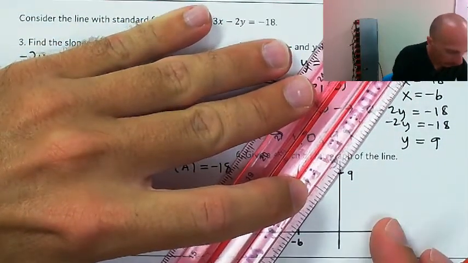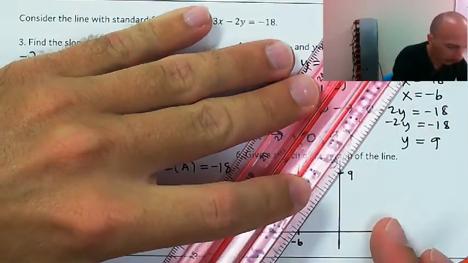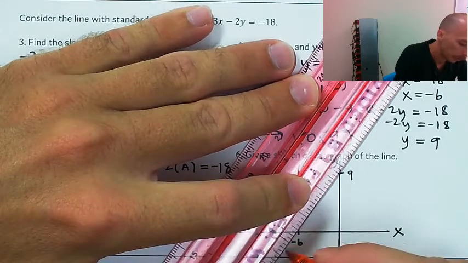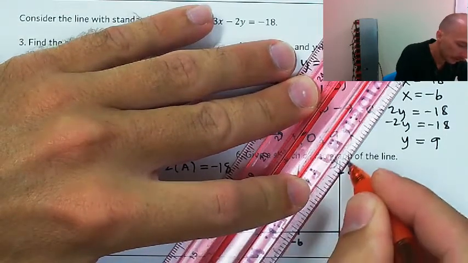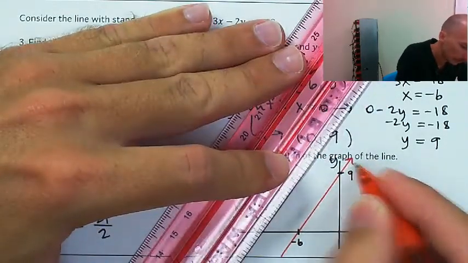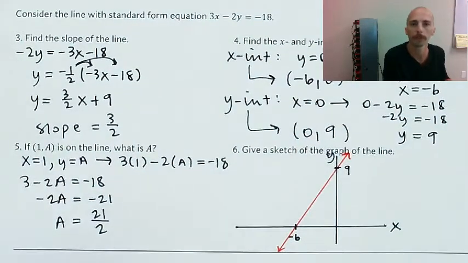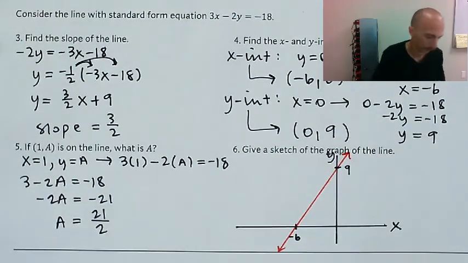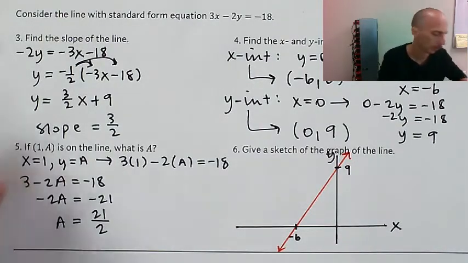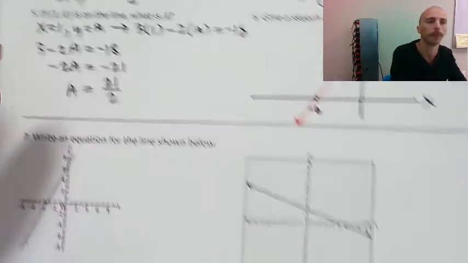You don't have to get a ruler, but if you want your sketch to look nice, you should use a straight edge. Then we're going to connect the dots, and that's going to give us a line. That's going to be a really nice sketch of that graph. And see, no grid necessary. You can still make a good graph without a grid.